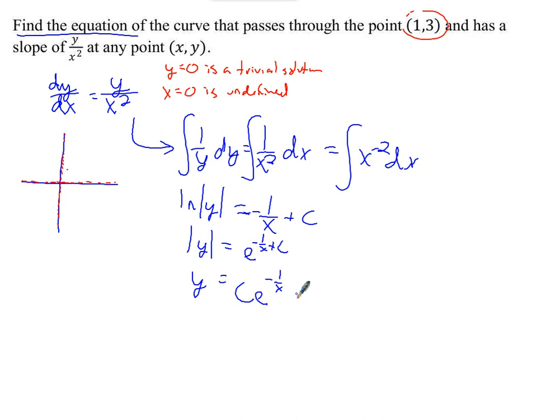Right, we have this ordered pair that was given to us, so we're going to plug in our numbers to get our particular solution. So I write 3 equals c e to the negative 1 over my x coordinate, which is 1.